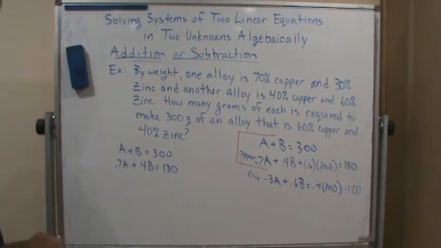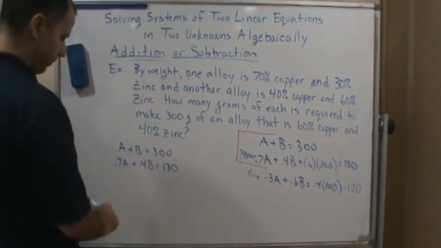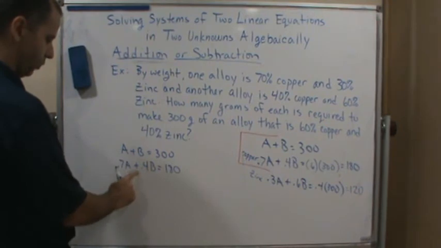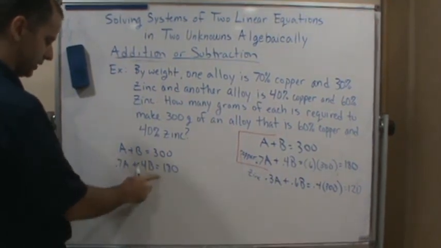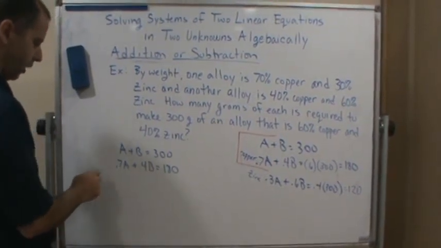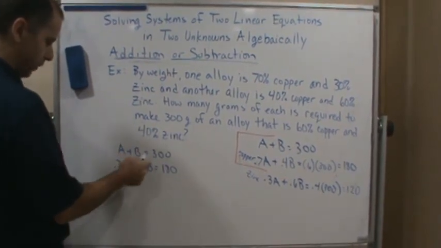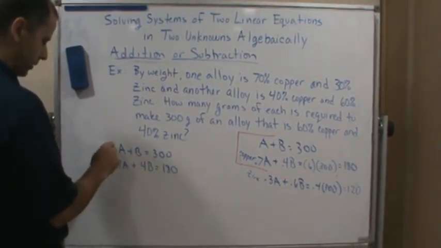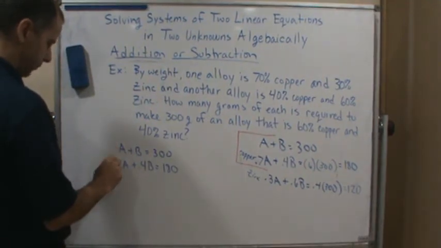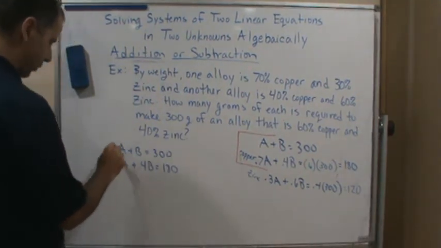So I just need to multiply the top one by a constant to make the coefficients the same for one of these two, so I can eliminate it. So I'm going to multiply by 0.7. It doesn't matter which one. I could have multiplied by 0.4. So let's multiply by 0.7. What's that going to do?